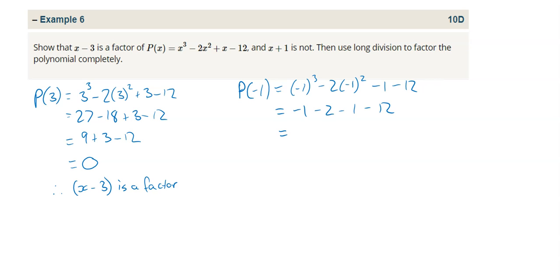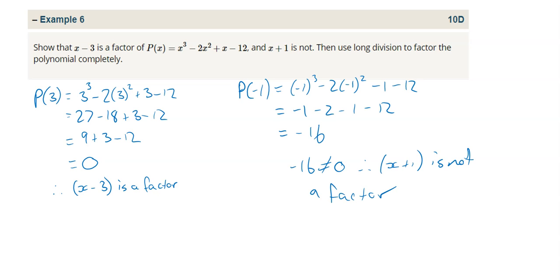I got worried for a second because this is not equal to 0, but that's actually what they want. That's the result we're after. Negative 1 minus 2 is negative 3, minus another 1 is negative 4, and then minus 12 is negative 16. Negative 16 is not equal to 0, therefore x plus 1 is not a factor.